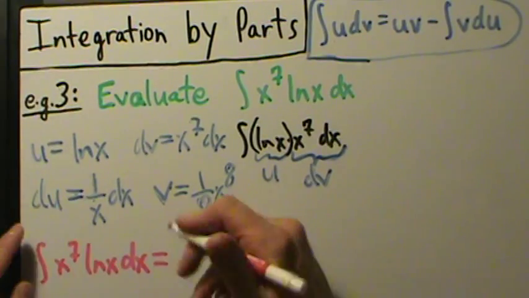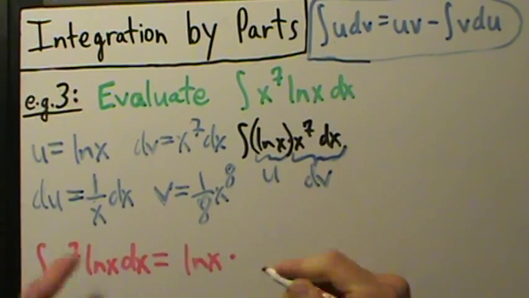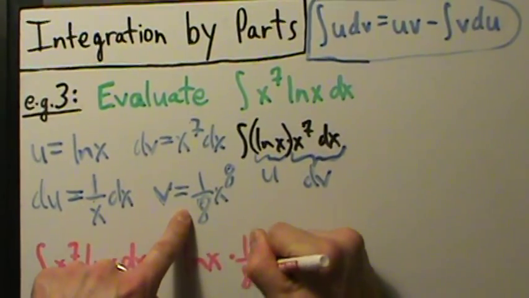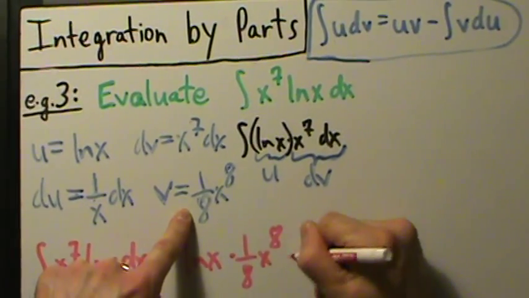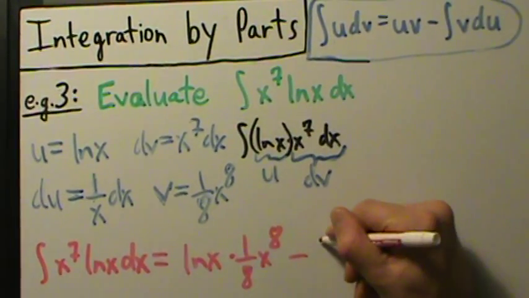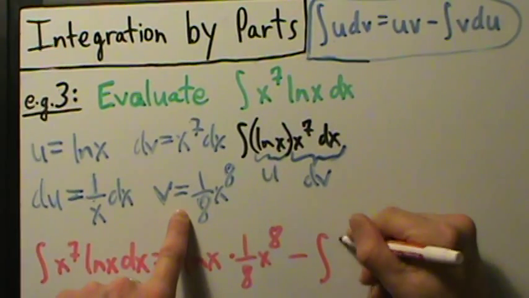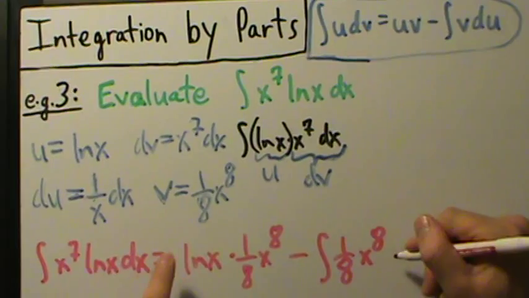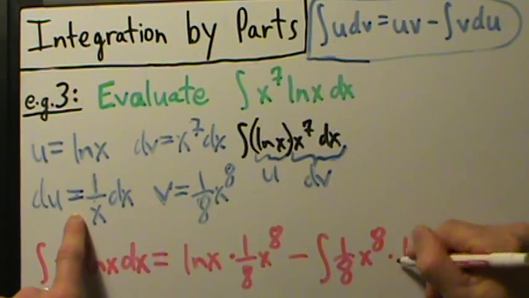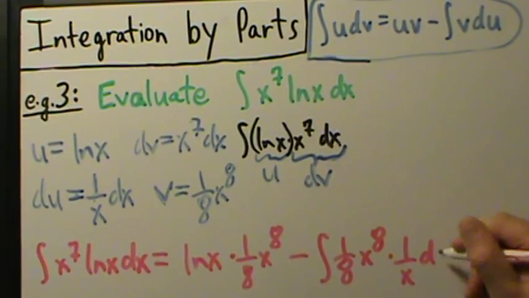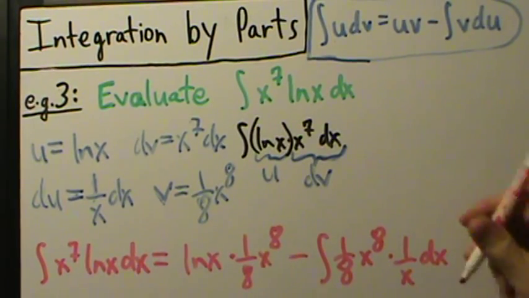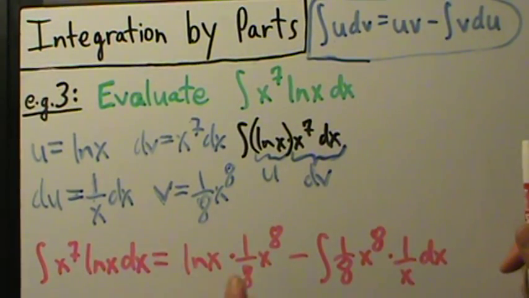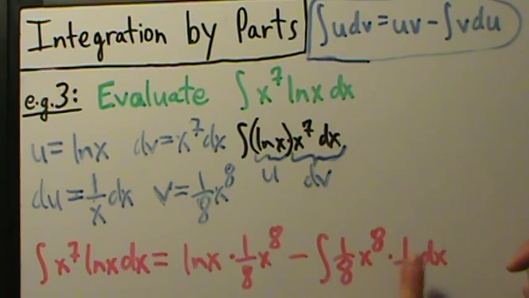So u is the natural log of x, v is 1/8 x to the 8th, and then minus the integral of v du. v again is 1/8 x to the 8th, and du is 1 over x dx. So we're just applying the formula here: uv minus the integral of v du.